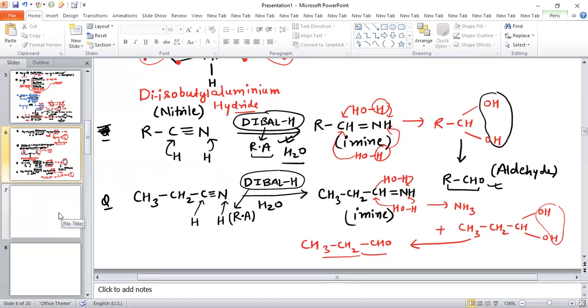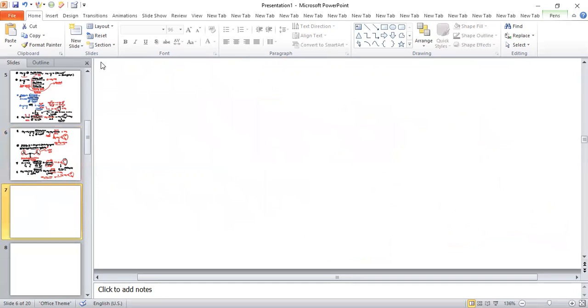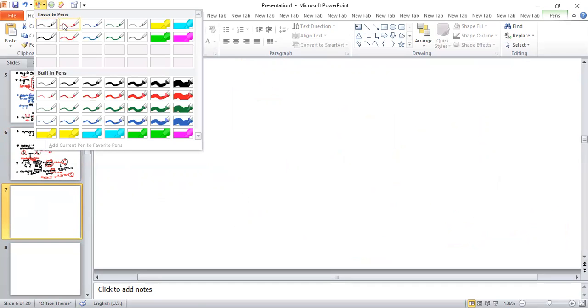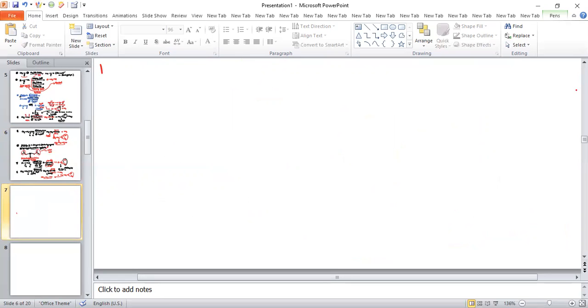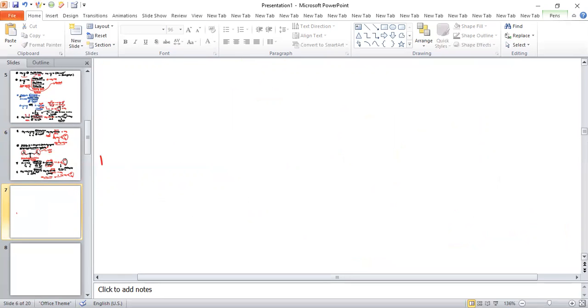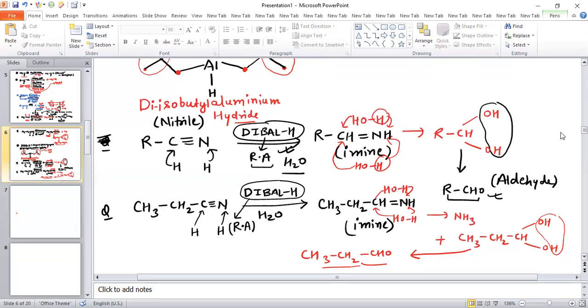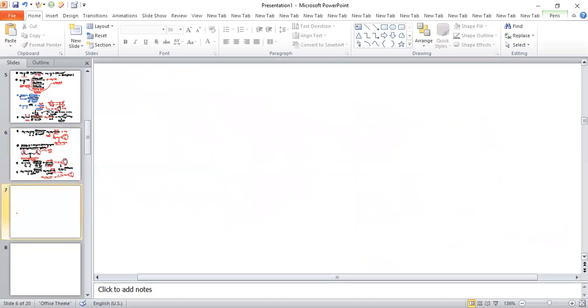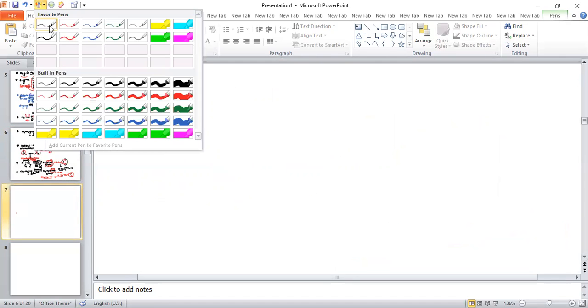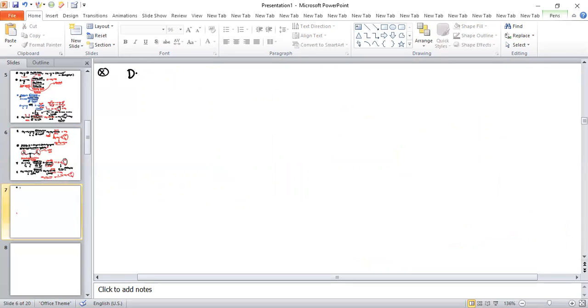Now see some more reductions related to DIBAL-H. DIBAL-H can reduce esters also. So note this point: DIBAL-H can reduce the ester group also.